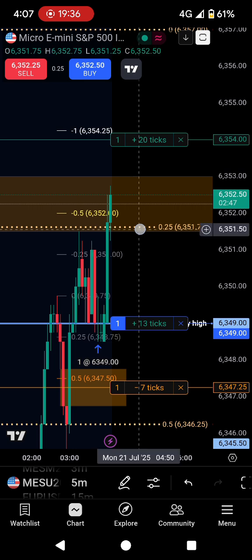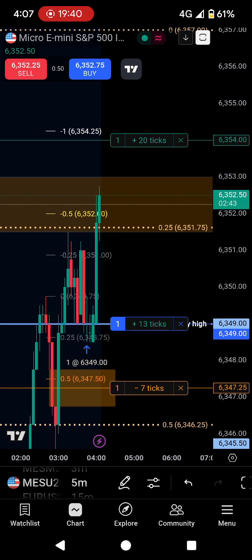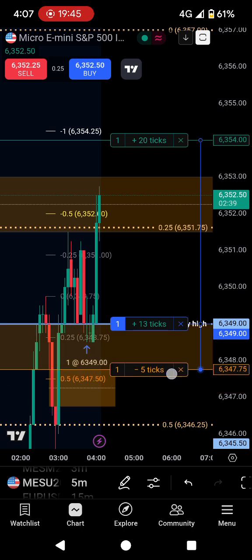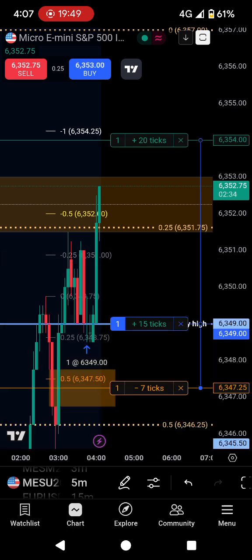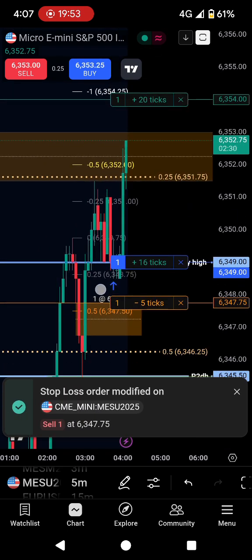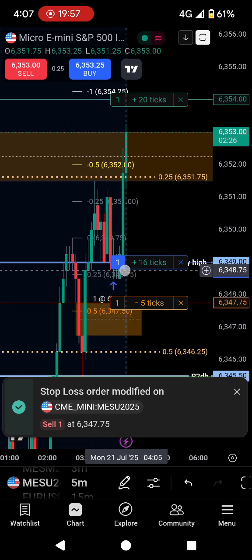So right now, I want to see us close above this 1 hour balanced price range, okay? Stop loss, I'm going to just shift it somewhere here. Because right now at this point, I really don't expect us to fill back in even this BC, this balanced price range.